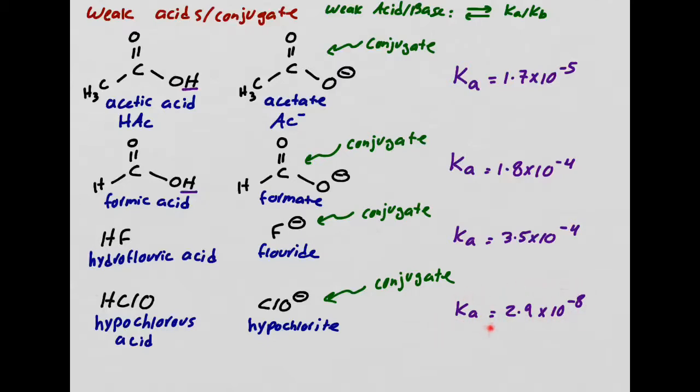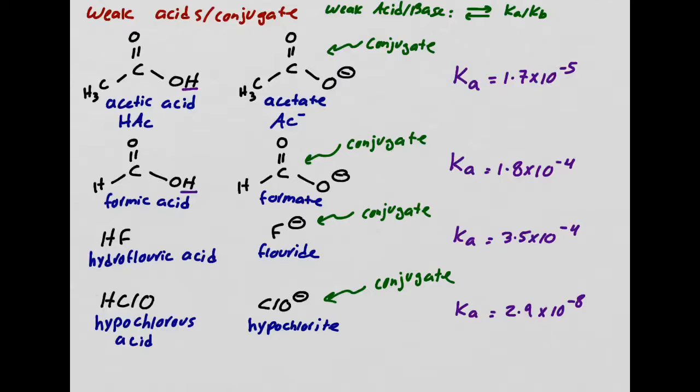So the smaller the Ka, the weaker the acid. Out of all these, this is my smallest Ka. So hypochlorous acid is going to be my weakest weak acid. So far so good? Okay. We've gone over the weak acids, the conjugates, and the Ka values.